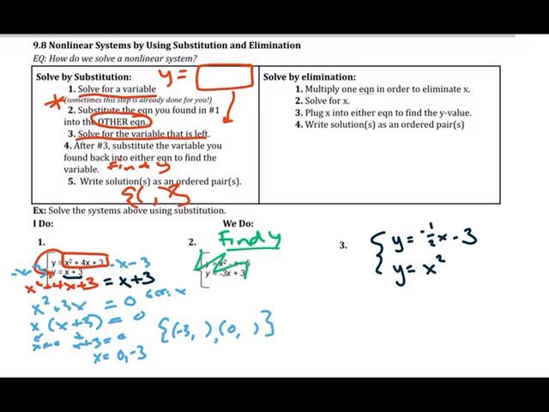How do we find y? We plug it into either of the equations. This one looks simpler. If y equals x plus 3, then when x is negative 3, y equals negative 3 plus 3, which is 0. If y equals x plus 3, then when x is 0, y equals 0 plus 3, which is 3.